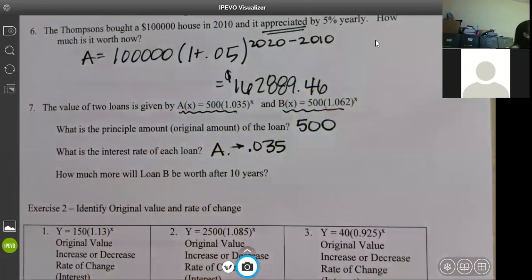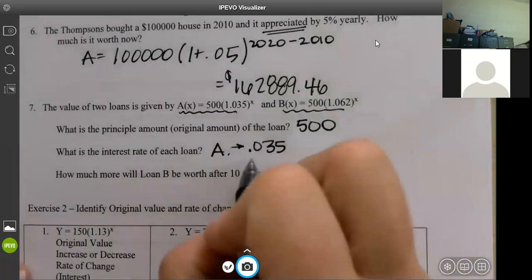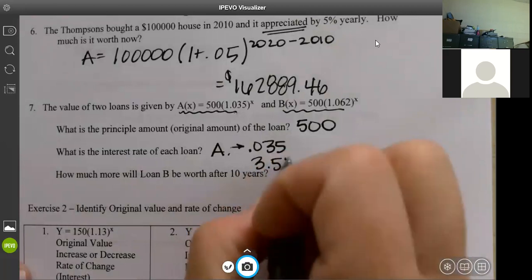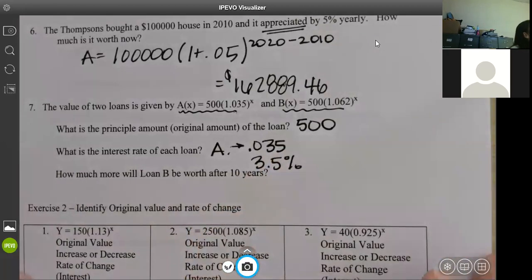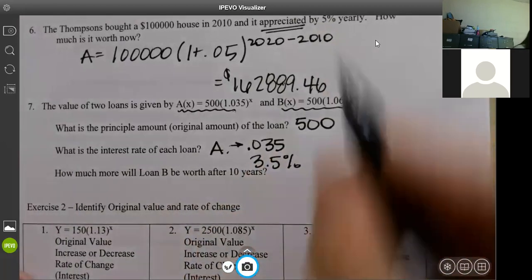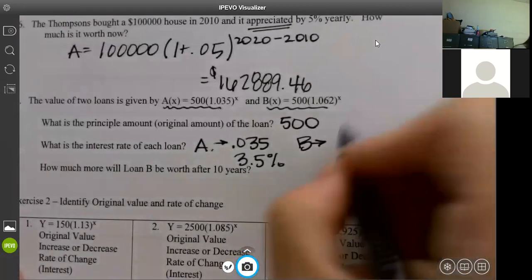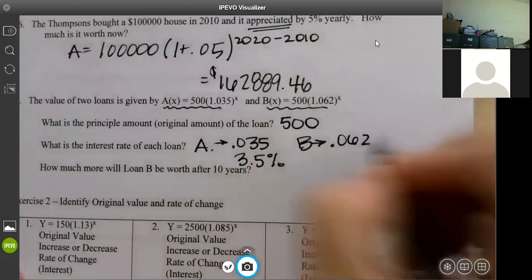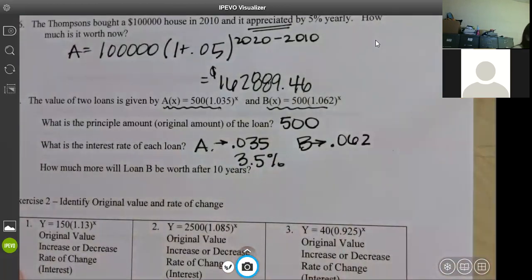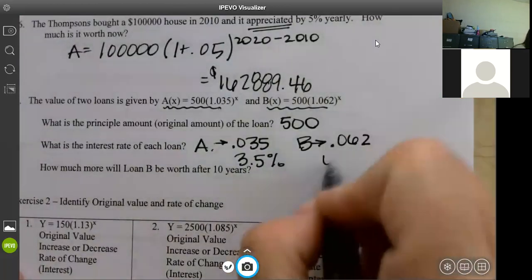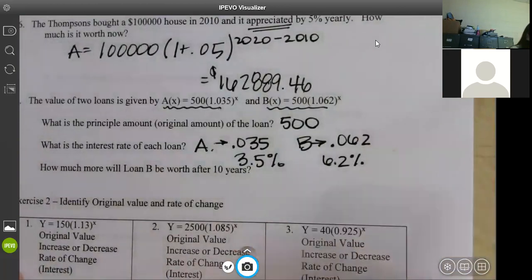How do I write that as a percent? Which gives me 3.5%. That's it. So what about B? How far is it over 1? 0.062. So that means your percent is 6.2. That's all it was looking for.